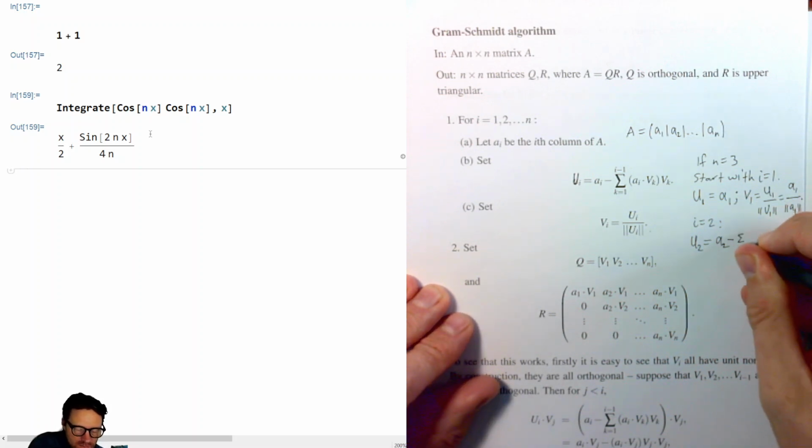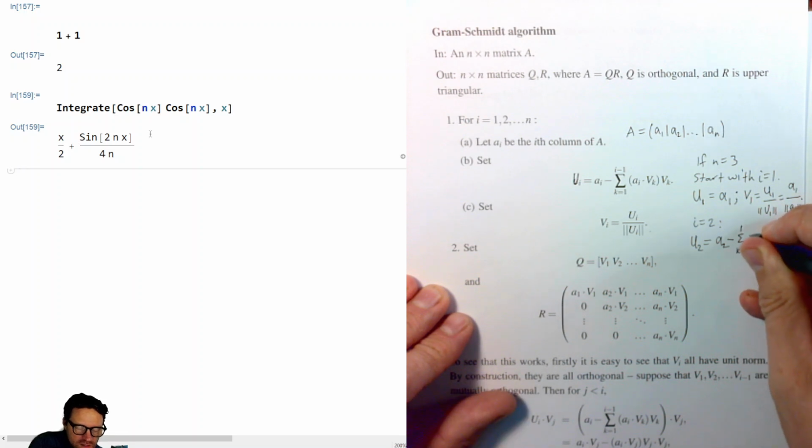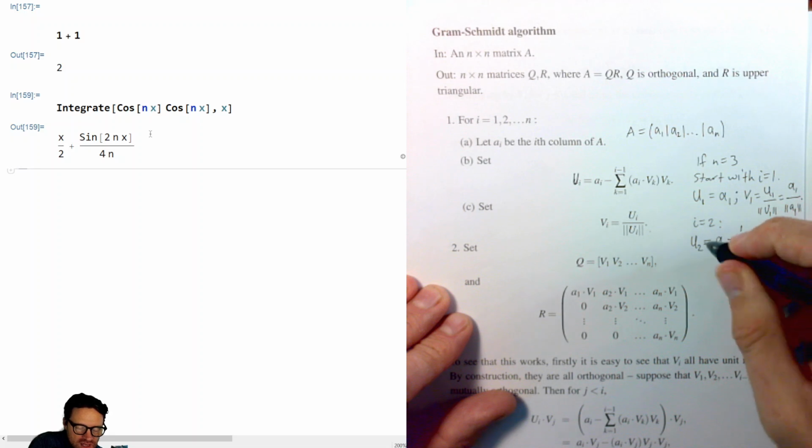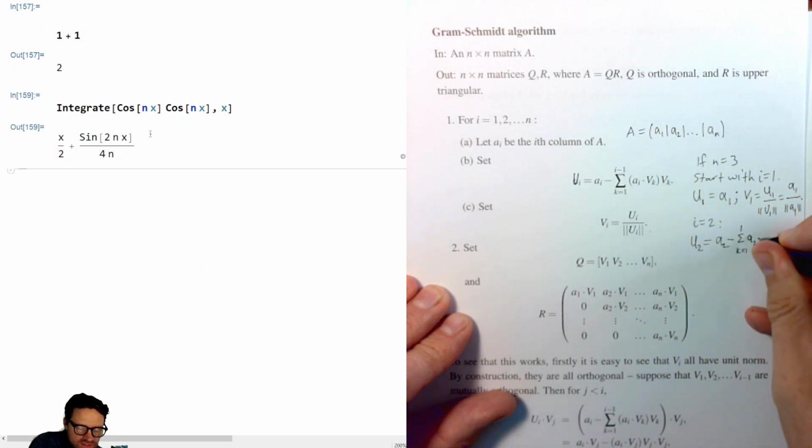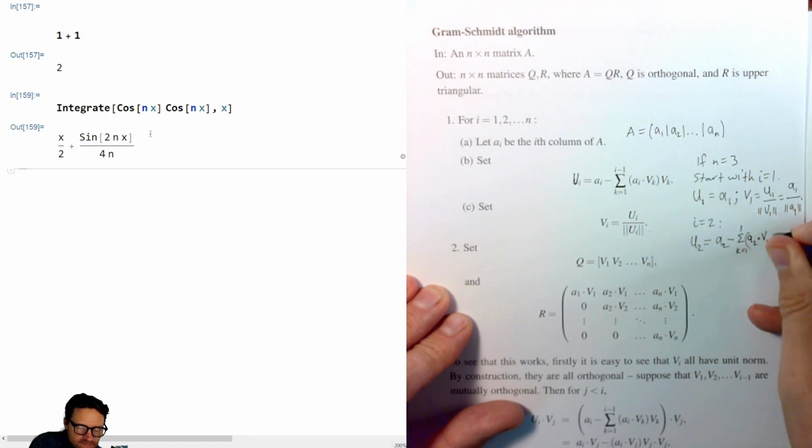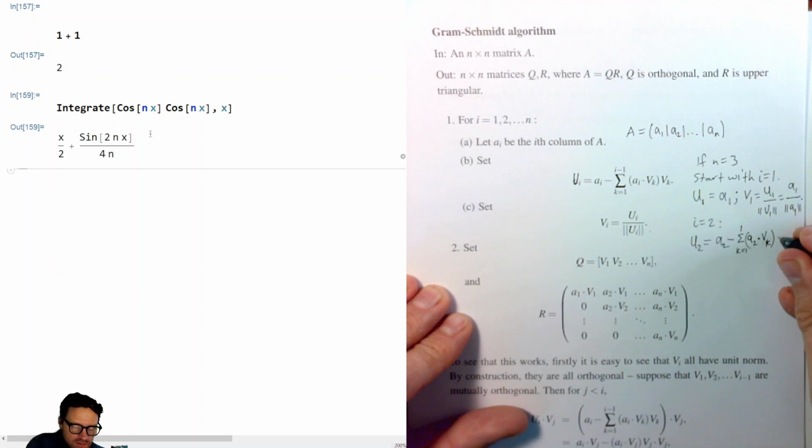So this is the sum from k equals 1 to 1 of a2 dot vk and then times vk.